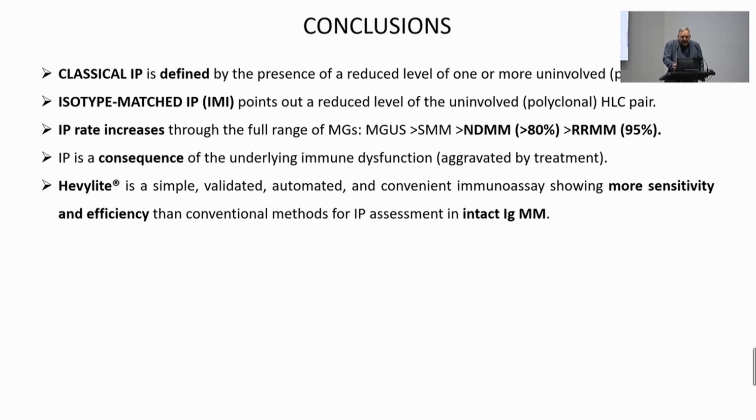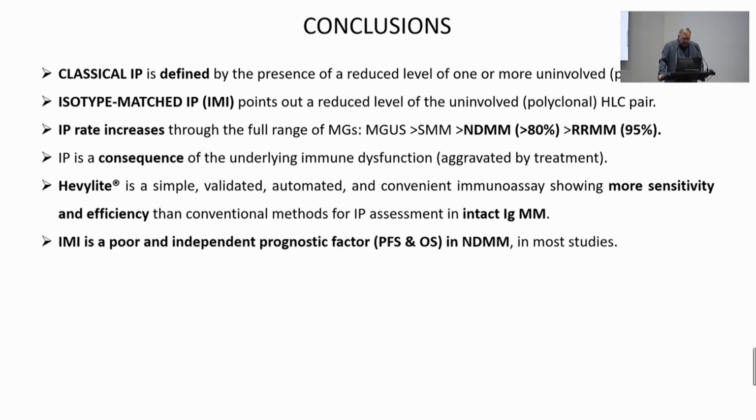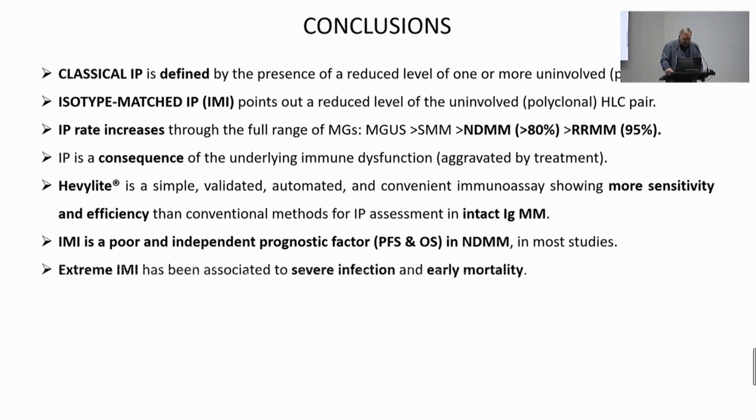This is a better biomarker of monoclonality. IMI is a poor and independent prognostic factor in terms of PFS and OS in newly diagnosed multiple myeloma in most studies. The extreme IMI has been associated with severe infection and early mortality.